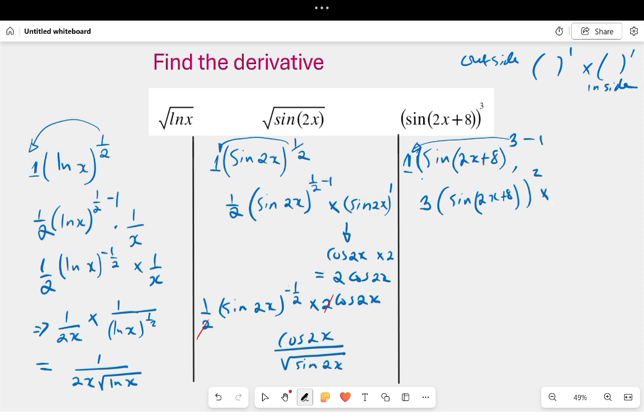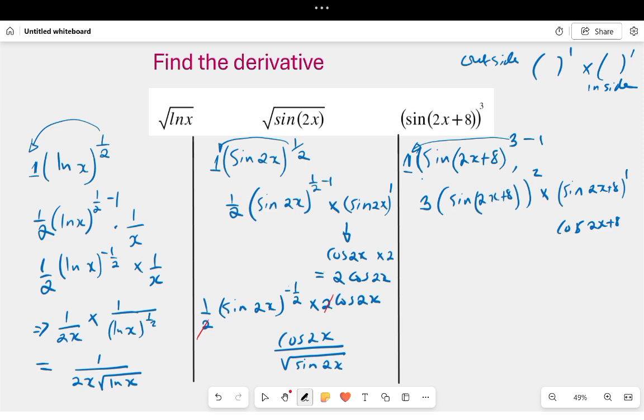Then you multiply by the derivative of what is inside. What is the derivative of sine 2x plus 8? The derivative of sine is cosine, so it's going to be cosine 2x plus 8.